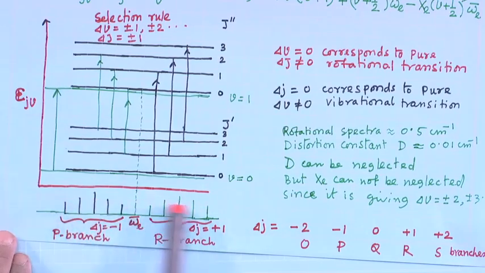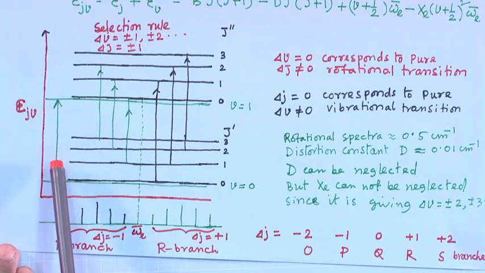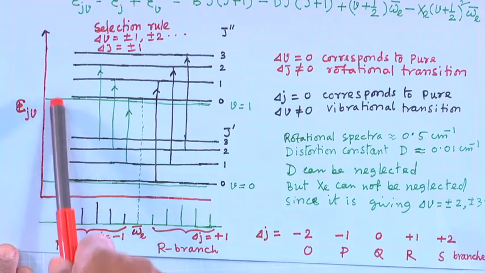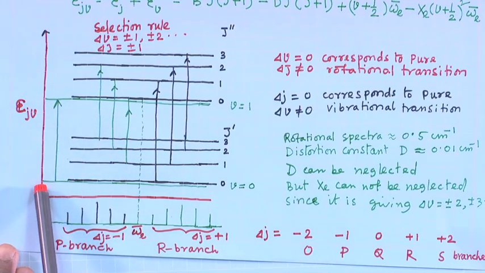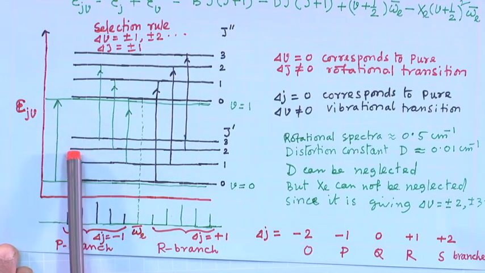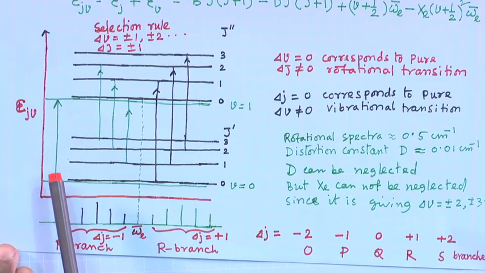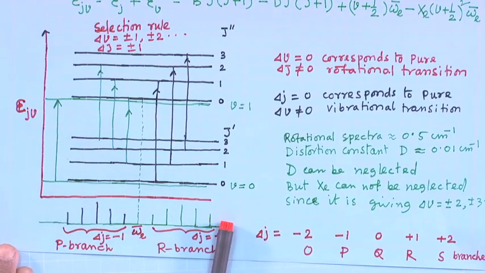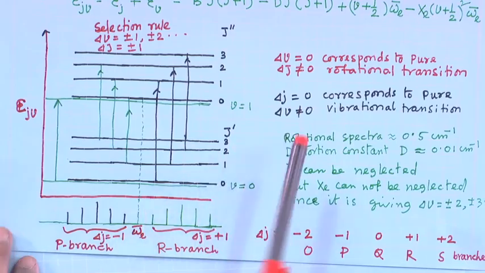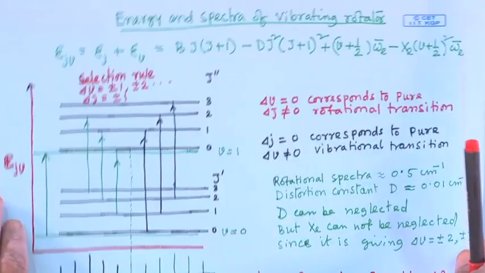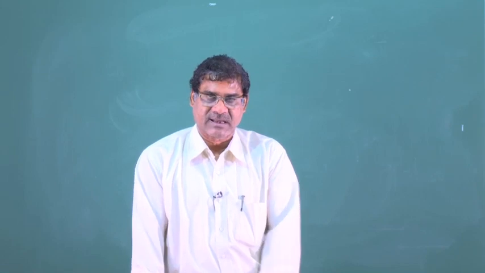For pure vibrational energy we get only one line, but now we get many closely spaced spectral lines. So, this fundamental is not a line; it is a bunch of closely spaced spectral lines, which is called a band. That is why I told earlier that it is a band, not a line, and this is due to the rotation. So, I will stop here and continue the discussion in the next class. Thank you.